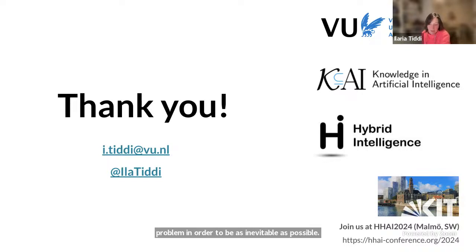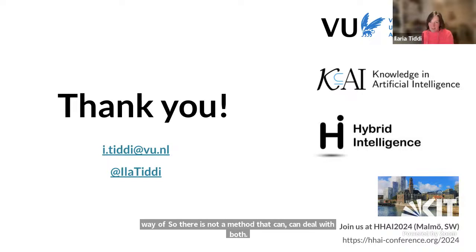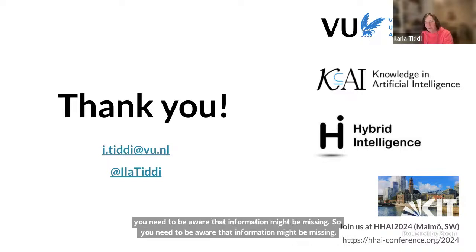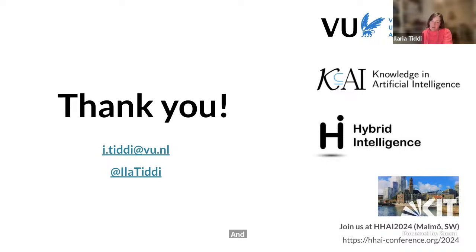My view is really that there is not a universal method that can deal with both. The most important thing is being able to cope with the problem and integrate it in the methods that you develop. So you need to be aware that information might be missing, and you need to make sure that your method compensates for that. This can happen inside the development of your method or as an a posteriori step.